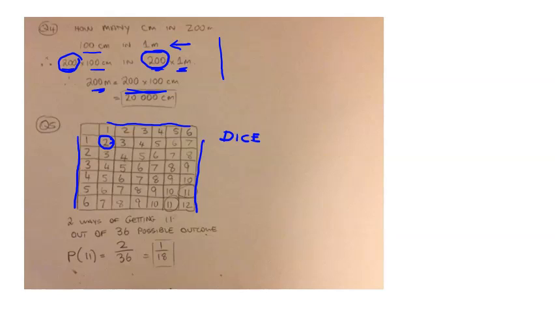That makes sense. Our question related to what's the probability of getting 11? Well, on this table, there's only 2 places that 11 is possible, and that is to get a 5 and a 6, or a 6 and a 5. So there's 2 possible ways of getting 11, and there are 6 by 6 or 36 possible outcomes. We end up with 2 on 36, or simplified 1 on 18.